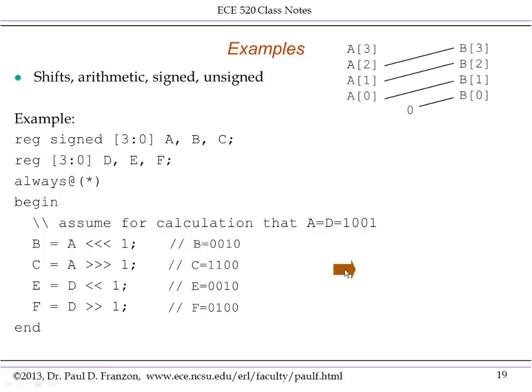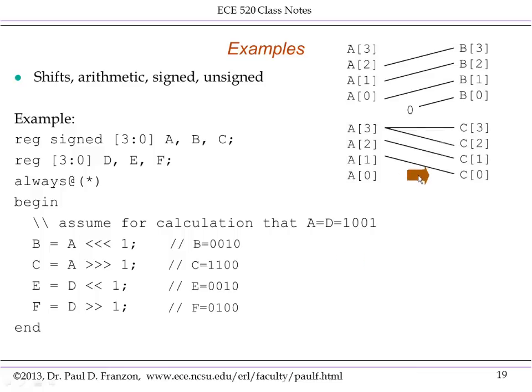If we're going to look at what's being built here, it'd be these. Here I'm just doing the top 2 of these. The left shift is just a left shift with a 0 fill. The right arithmetic shift preserves the sign bit, so A3 is replicated twice, like the example on the previous page.